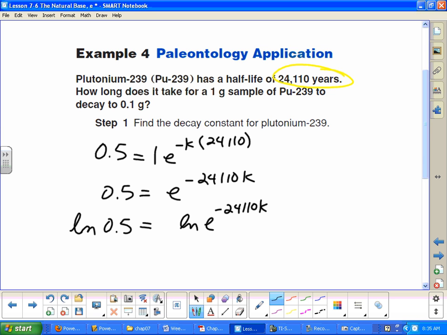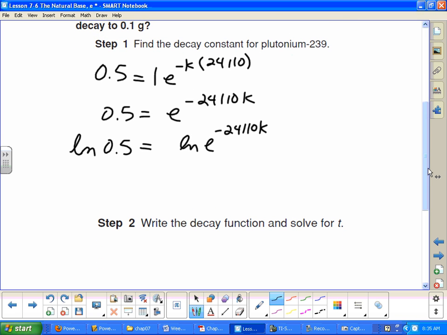Now the really nice thing about using the natural logarithm is, what did we say the natural log of e is? The natural log of e is 1. So the natural log of 0.5 is just equal to negative 24,110 k, because these two bases are the same, which means it just equals the exponent.